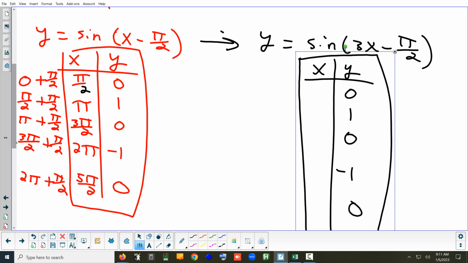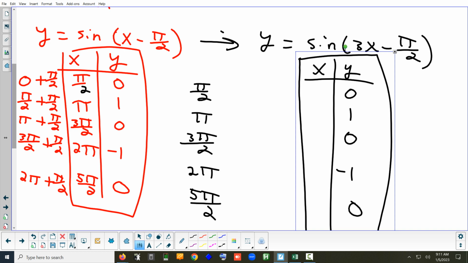So I'm just going to, off to the side, put my original x's. Remember, the original this time means the ones we have in this table, not the ones back from the original tables on Tuesday. So pi over 2, pi, 3 pi over 2, 2 pi, 5 pi over 2.